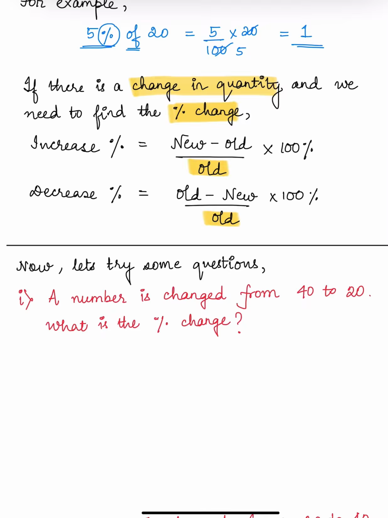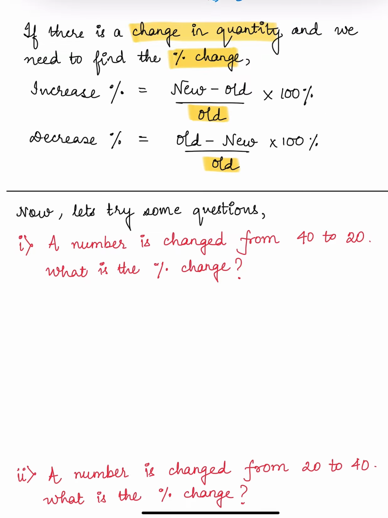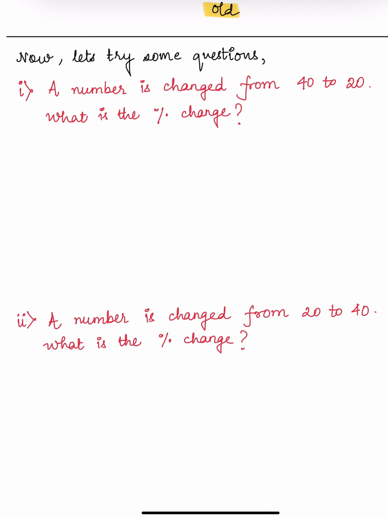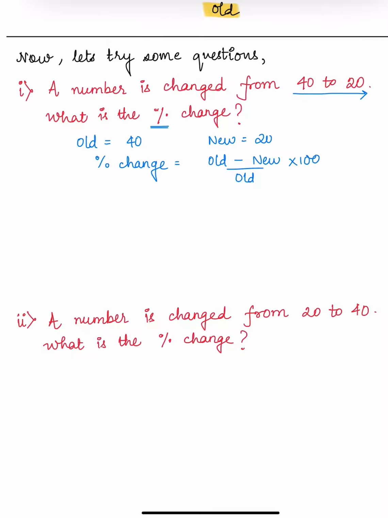Now let's solve some questions so that our concepts become more clear. The first question is, a number is changed from 40 to 20. What's the percentage change? The first thing is we know it is decreasing. So the old is 40, the new is 20. So the percentage change will be old minus new by old into 100%.